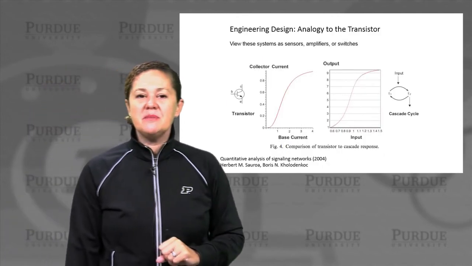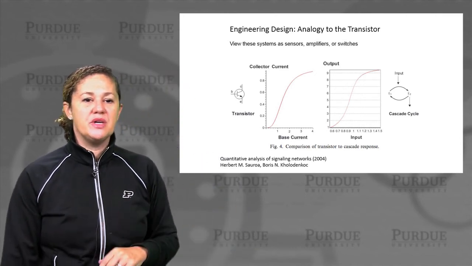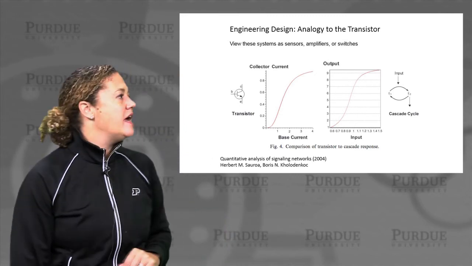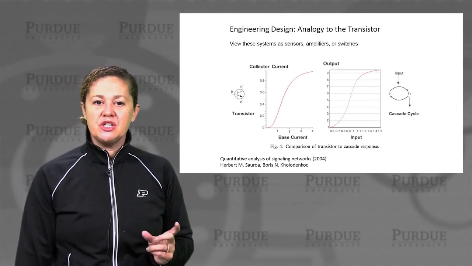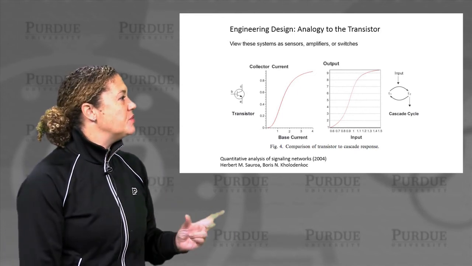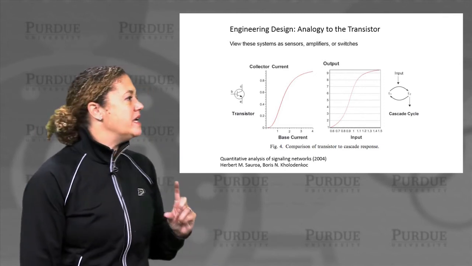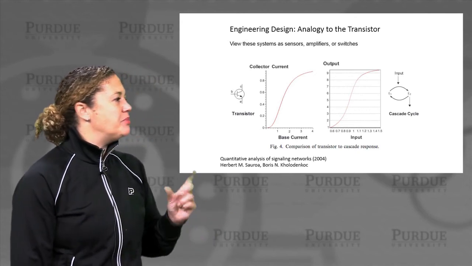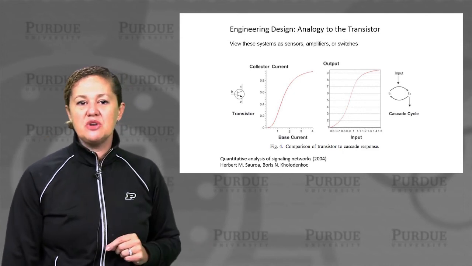We started talking about the switch-like behavior as the ultrasensitivity becomes more extreme. From an engineering design point of view, the analogy to the transistor has often been made. As we view these switch circuits, either in proteins or at the genetic level, as sensors, amplifiers, and switches, we can apply abstraction and begin to think about putting them together in the same way that we might transistors for electronic systems.